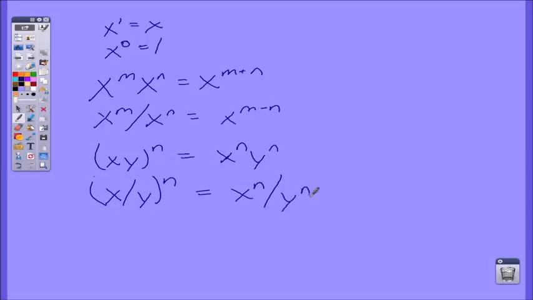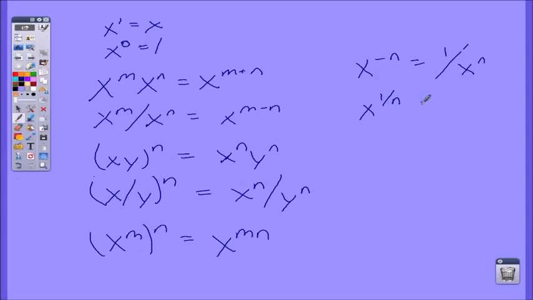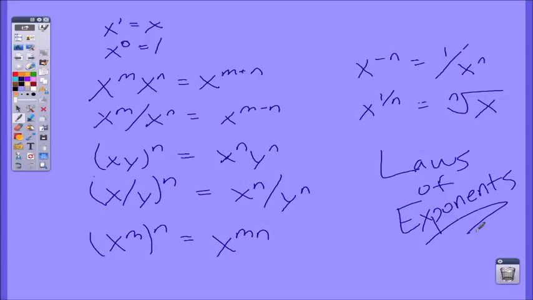The power rule, which states x to the mth to the nth equals x to the mn. The definition of a negative exponent, x to the negative nth equals 1 over x to the nth. A fractional exponent, where x to the 1 over nth is equal to the nth root of x. And these are the basic laws of exponents.